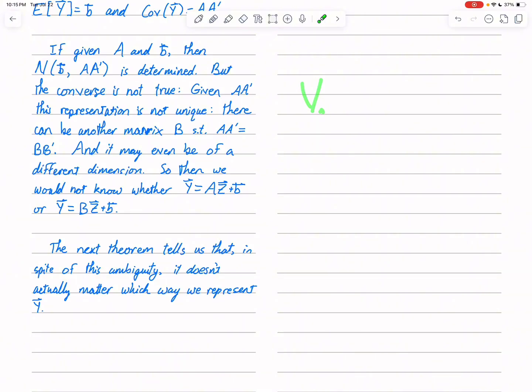Well, it turns out that there are examples where, and this is kind of pathological, so it's not just weird examples, but there are plenty of examples where there are multiple correct answers to that question.